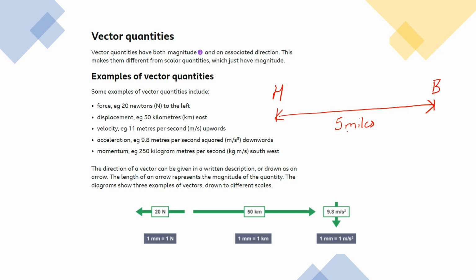Now when I say your distance from your home to Barking tube station is 5 miles, I am talking about a scalar quantity because it has a magnitude. Now suppose your friend has reached your home and you want to tell him how to reach Barking station. Either he will open Google Maps or iOS Maps, or you will guide him manually with hand signals.